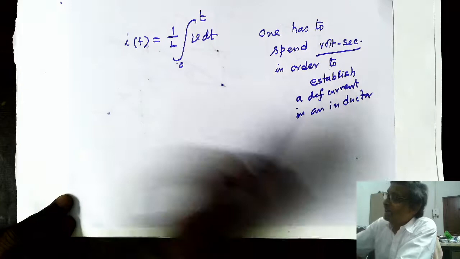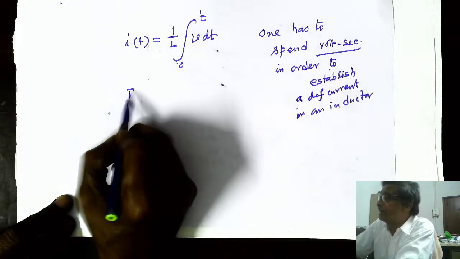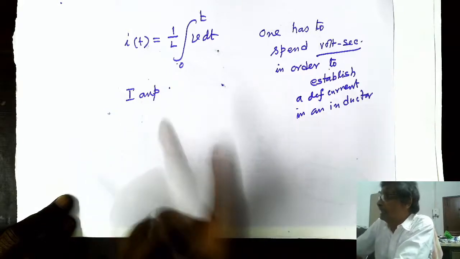Suppose you say that I want to establish capital I ampere current in an inductor. How much volt second do you have to spend?